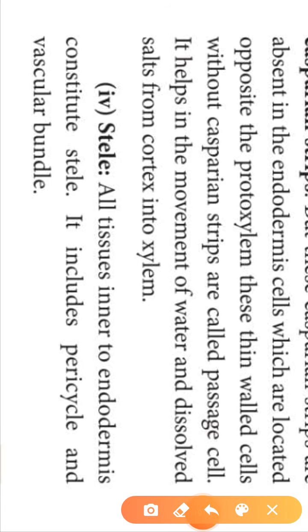Last one is stele. All tissues inner to the endodermis constitute the stele. It includes pericycle and vascular bundle.